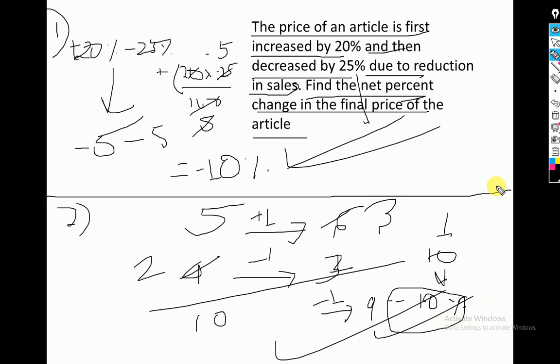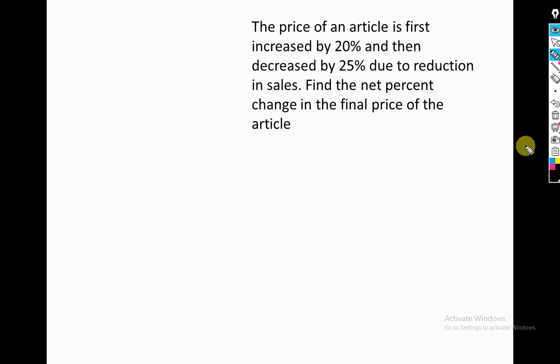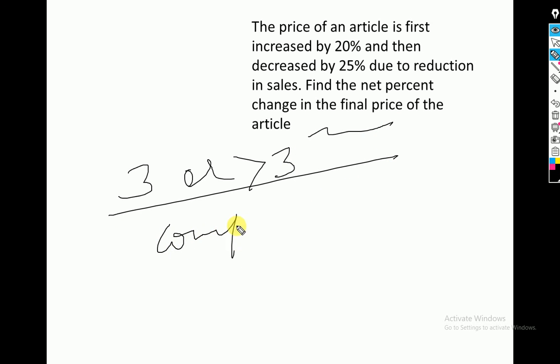So these are the two small techniques that you can use while calculating the successive percentages. And please remember that when there are instances of 3 or more than 3 successive percentages, it's better to use the compoundation technique.